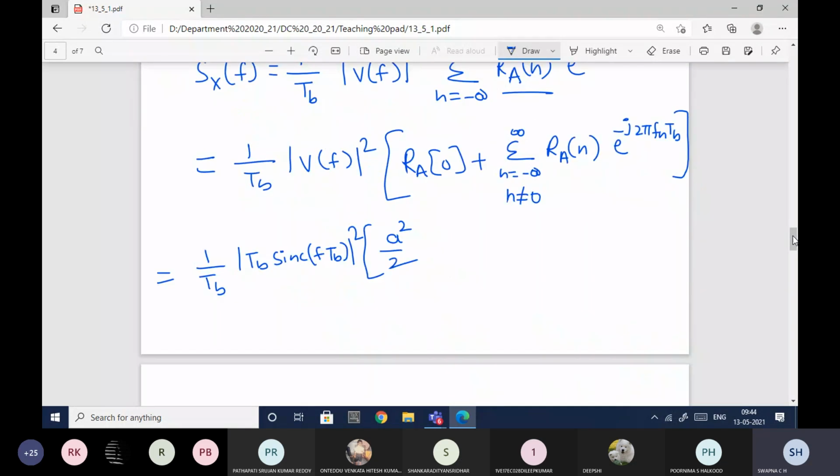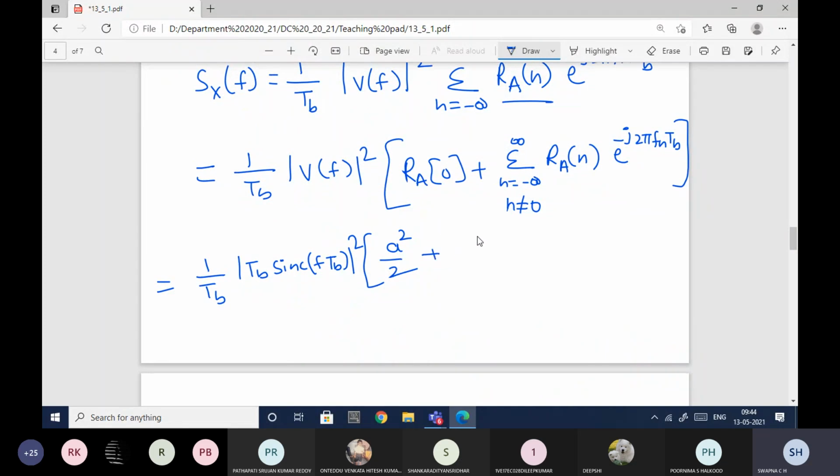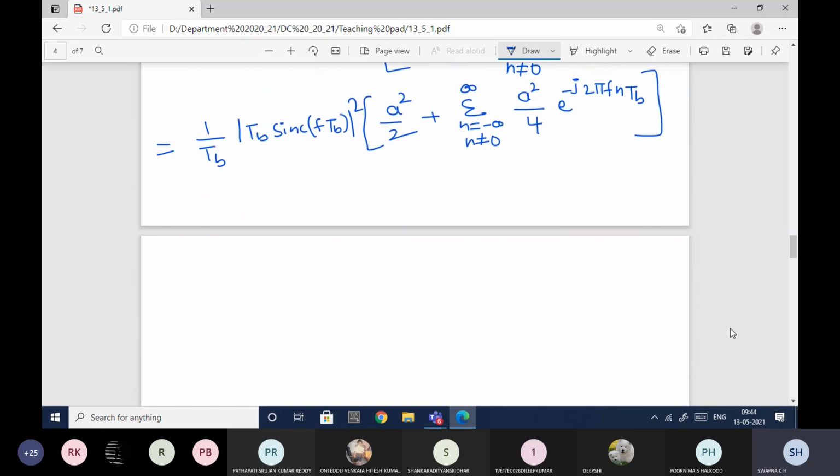Plus summation n is equal to minus infinity to plus infinity and n not equal to 0. Ra of n is nothing but A square by 4, e power minus j 2 pi fn TB.